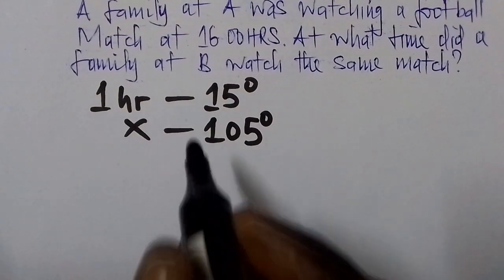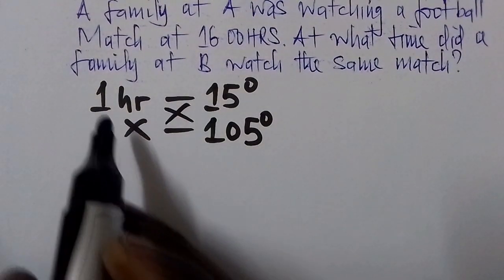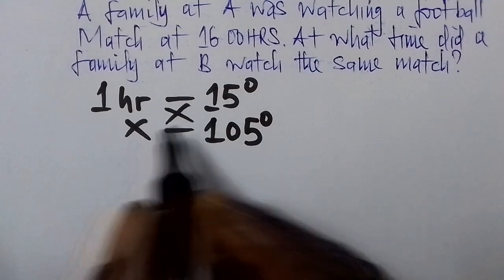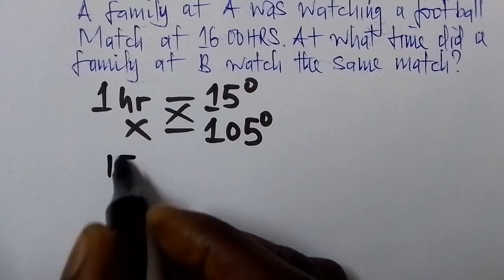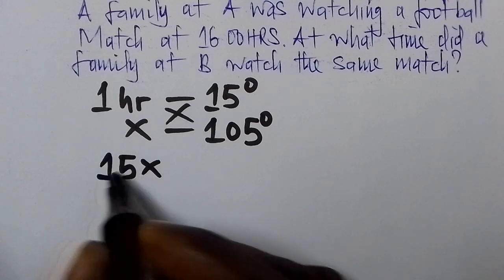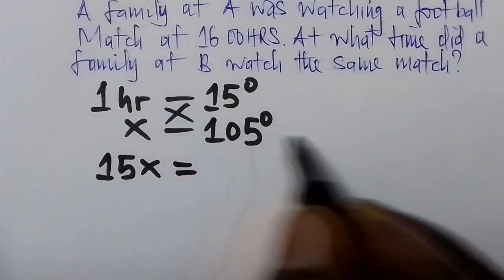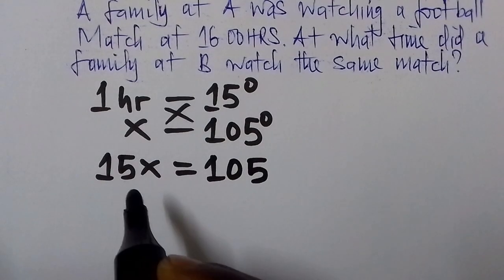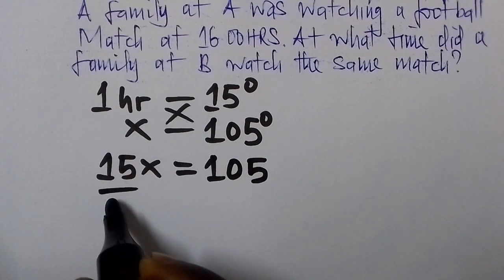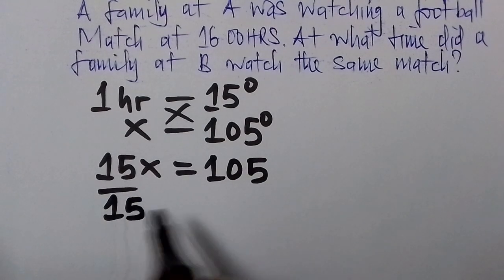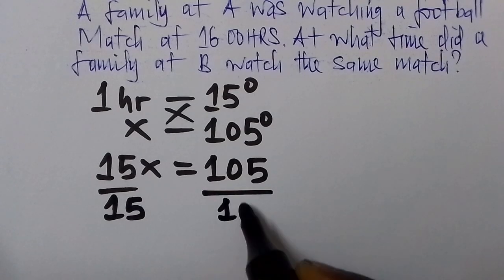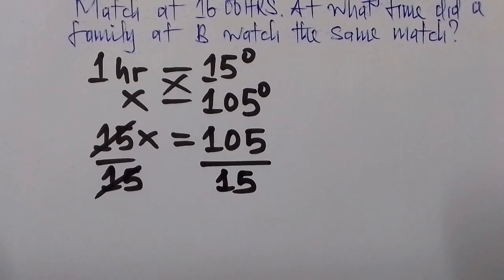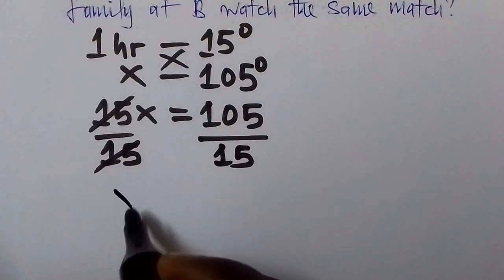We just cross multiply. 1 multiplies with 105, x multiplies with 15, so 15x equals 1 times 105, which is 105. To get x, we divide both sides by 15. 15 into 15 is 1, times x gives x.